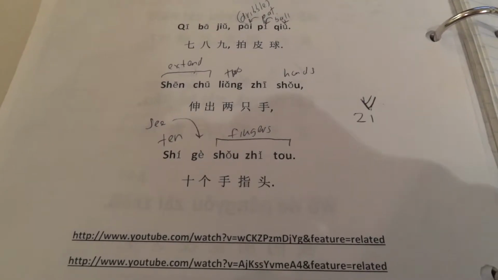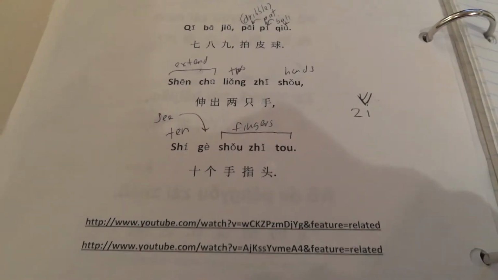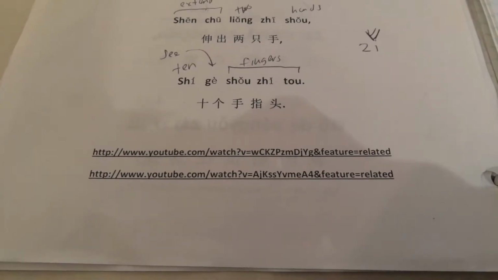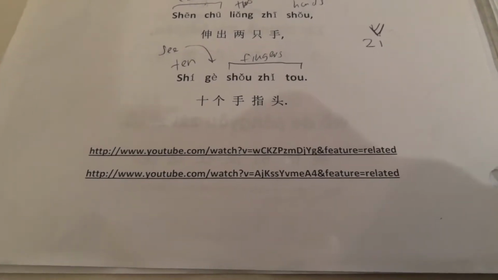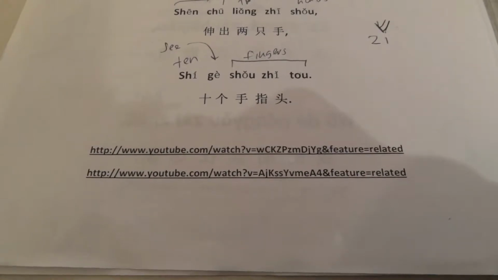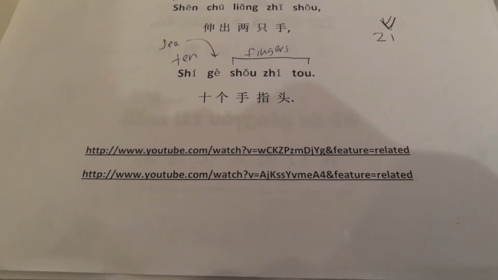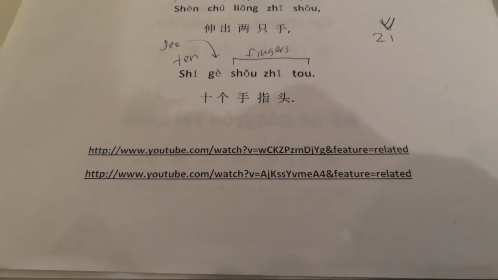Ji shu shu, shi ge shu ji tu. Sorry, that's wrong. Shi ge shu ji tu. See, 10 fingers. So I'll read the whole thing again.